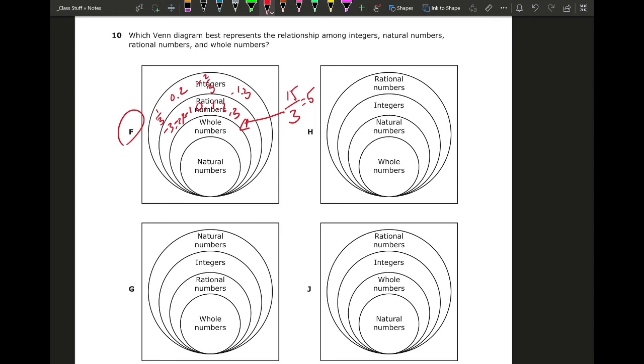No, it's not going to be F, because we still have one more thing. I had them backwards. So basically, this is going to be this one right here, H. So you have the integers.